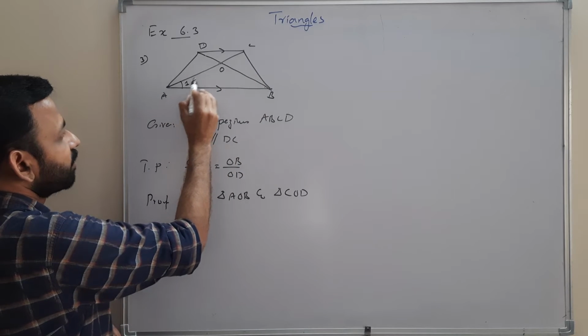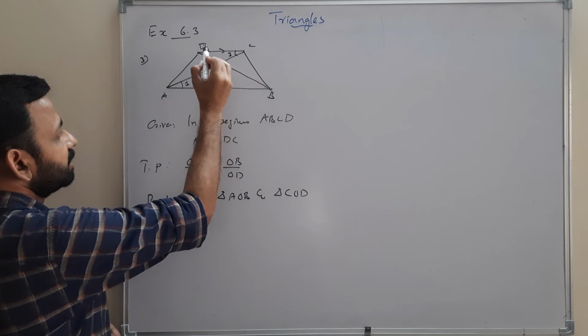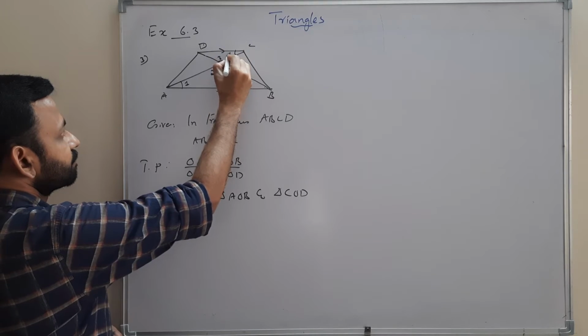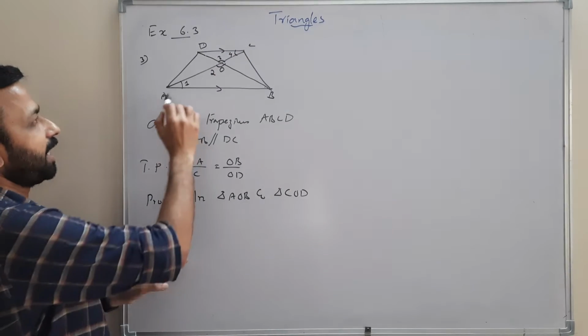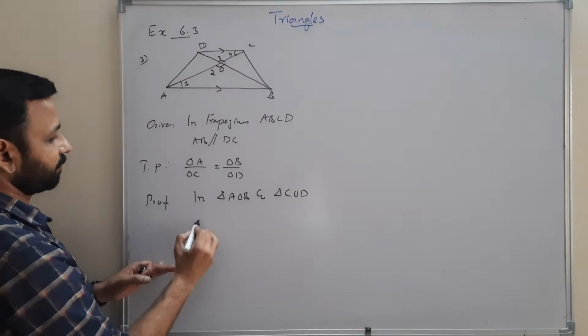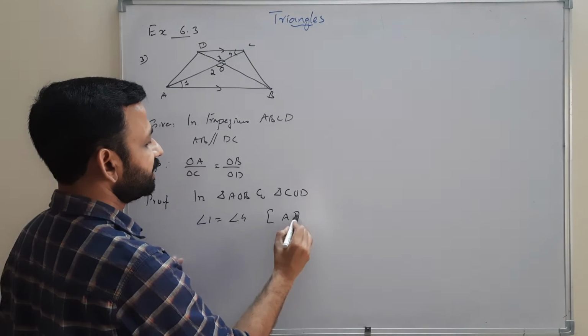Here we can take it as 1, and this one 2, then 3, this one 3, and this is 4. In triangle AOB and triangle COD, angle 1 equal to angle 4. Reason, alternate interior angles.